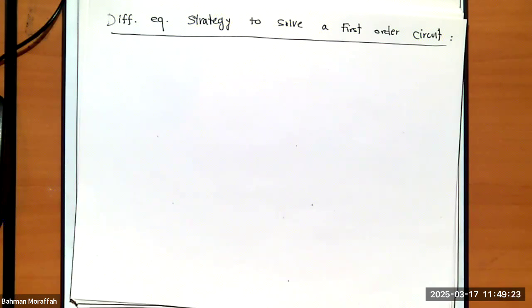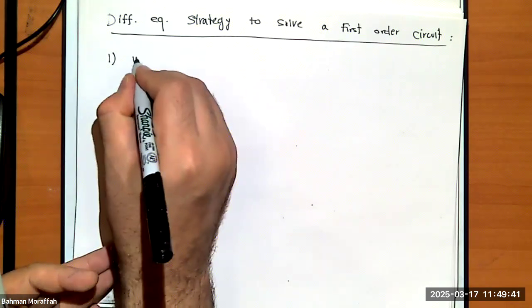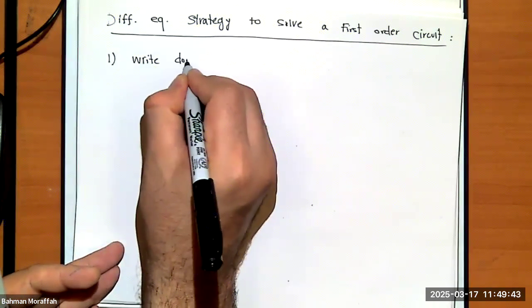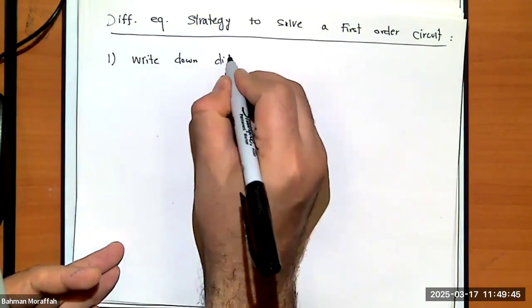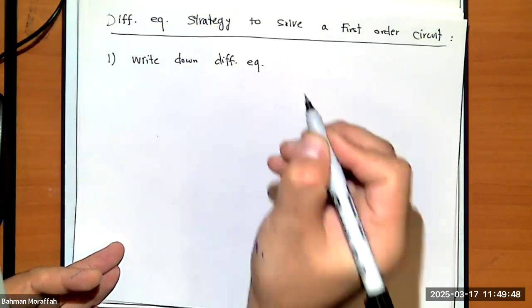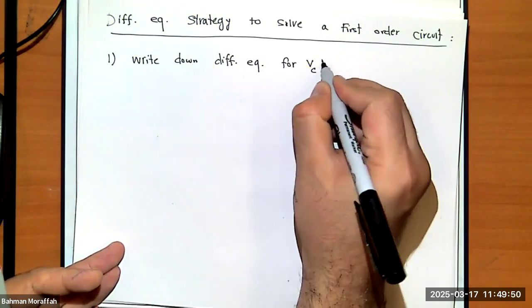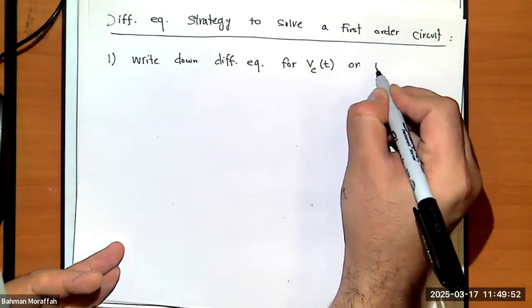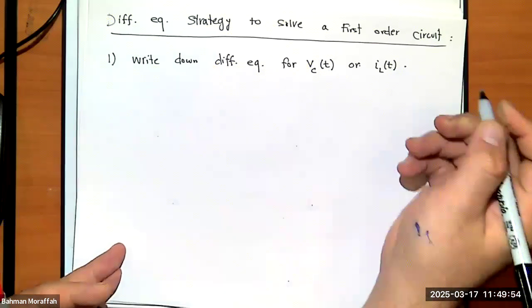But we're not going to write down the differential equation for all the variables or any variables. We're going to narrow it down to voltage across the capacitor or current through the inductor, because these are the variables that we are sure are continuous. So the first step is to write down the differential equation for Vc of t or IL of t.